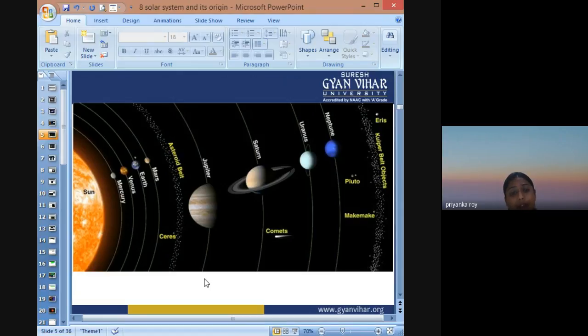Then we have Jupiter, Saturn, Uranus, Neptune, and Pluto, which has recently been dropped from the status of planet. And at the last, we have the Kuiper belt, that is also an asteroid belt, with Eris.